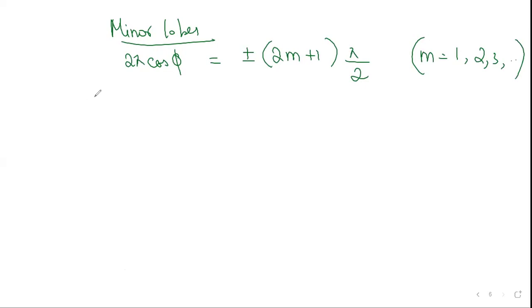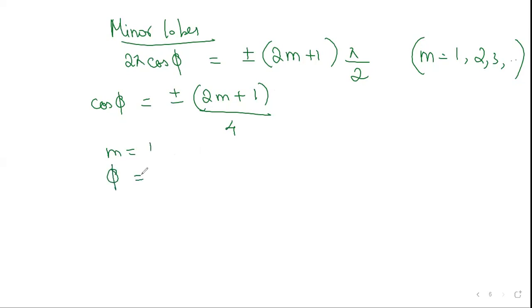So then cos phi will be equal to plus minus (2m plus 1) upon 4. Now, when you take m equal to 1, you will get phi equal to 41.40 degrees.